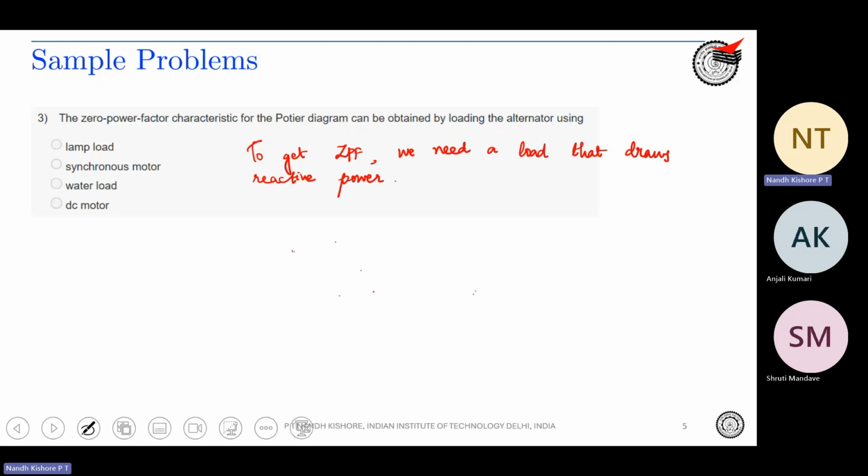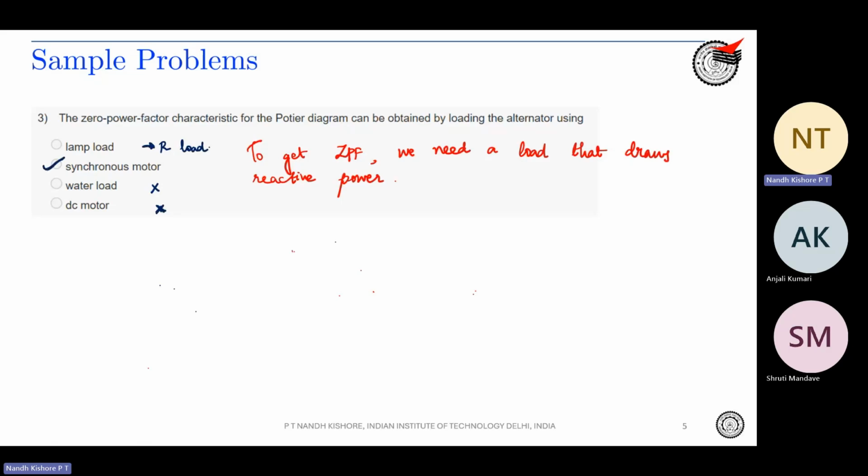So obviously, you know that DC motor is not the answer. Correct? DC motor works on the DC scale. We cannot talk about reactive power over there. Right? Water load is not the answer. Lamp load is a purely resistive load. It's an R load. So you cannot draw any reactive power using lamp load. Okay. The answer is synchronous motor.